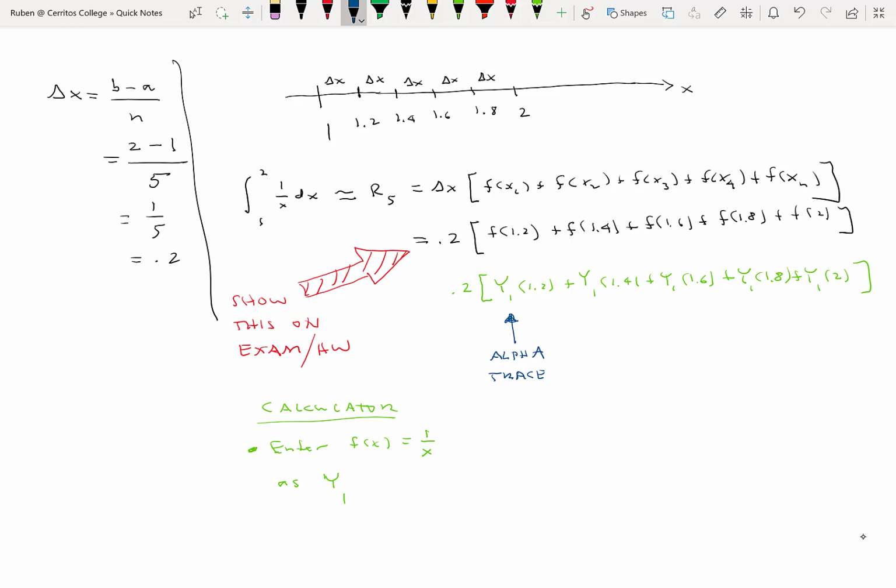When you push alpha trace, you see a sub-menu pop up that has y1, y2, y3, etc. At that point, you push enter, because when you push alpha trace, it comes up highlighted over y sub 1. So if you needed y sub 2, you would push the cursor down to highlight y sub 2 and then enter. So alpha trace enter, and what you see on your screen is y sub 1.